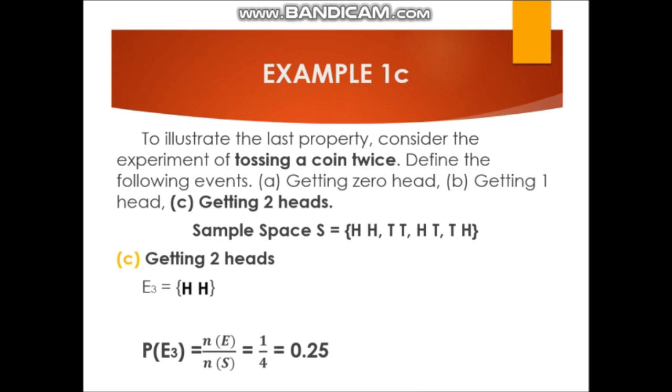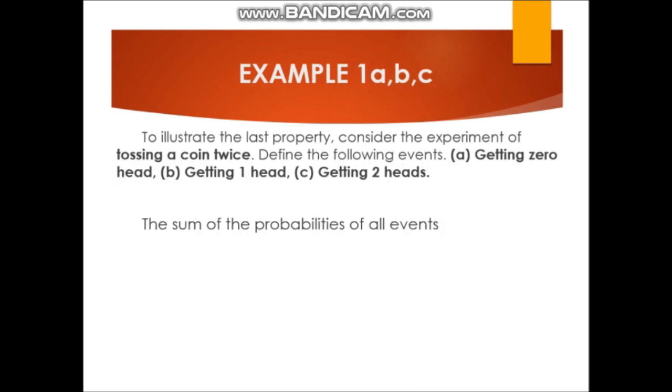We already got the values of letter A, letter B, and letter C. And for us to be able to check if our answers are all correct, let us apply the concept of property number 4 by getting its sum. As a recall, our answer for letter A is 1/4 or 0.25. For letter B, we have 1/2 or 0.50. And letter C, we have 1/4 or 0.25.